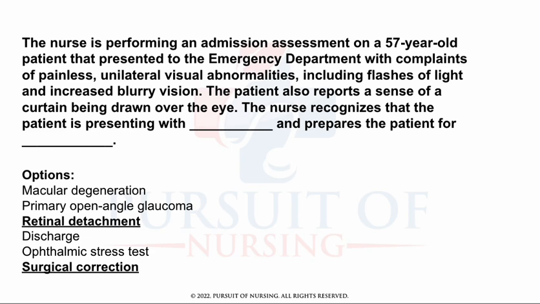Once complete blindness occurs, that means the retina has completely detached. This is an ophthalmic emergency, so you want to prepare this patient for surgery. You want to put the patient on bed rest and cover both eyes to prevent any further detachment.